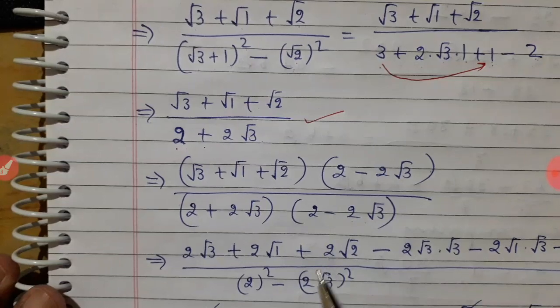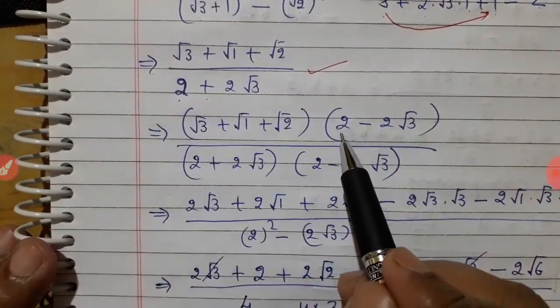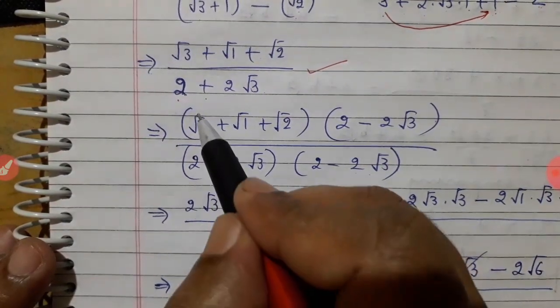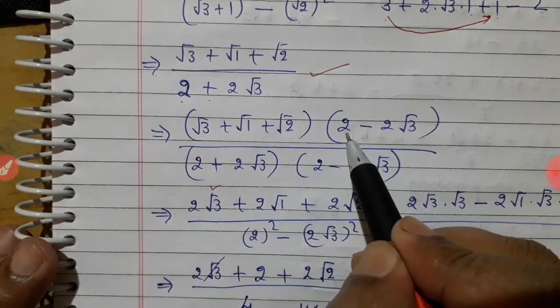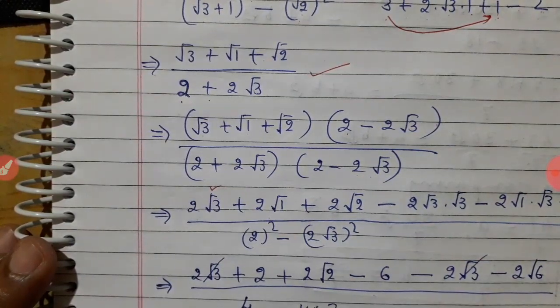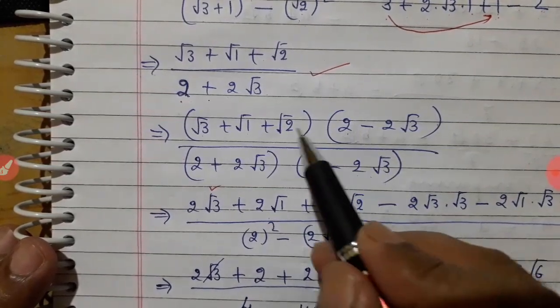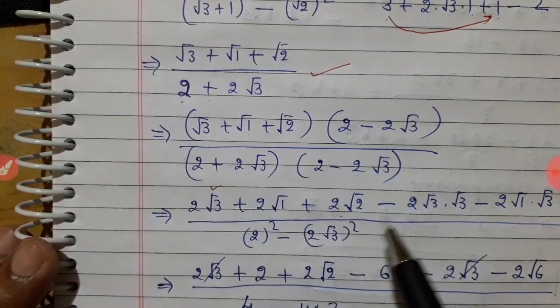Okay, so here you can multiply. When you multiply 2 with root 3 you will get 2 root 3. Then you multiply the 2 with root 1, then you will get 2 root 1. Then you multiply 2 with root 2, so you will get 2 root 2.